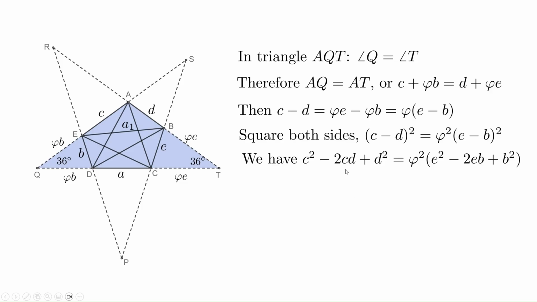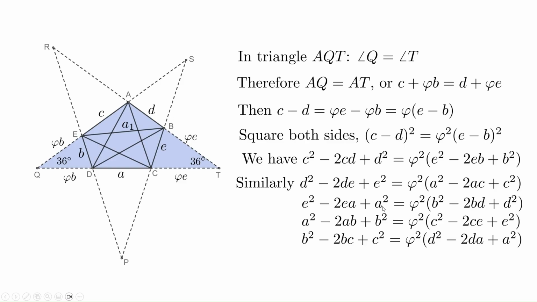On the left-hand side, we have C times D. This is a product of two neighboring sides. And on the right-hand side, E and B are not neighbors. Perform similar calculations on the other 4 similar triangles and add them up.